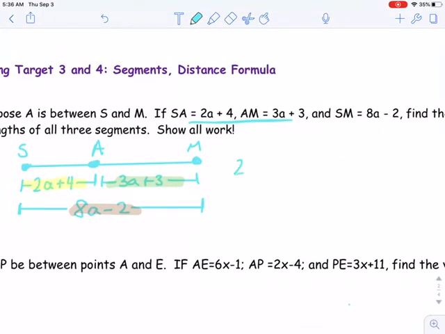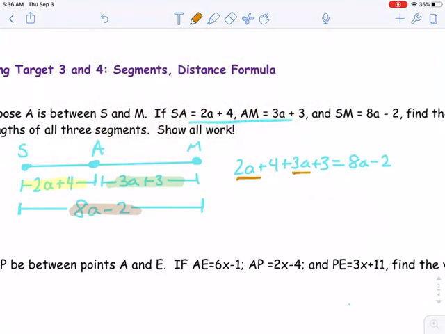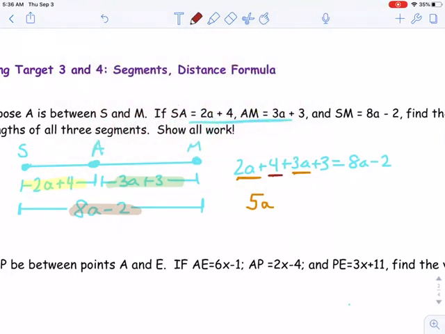Alright, so we get 2A plus 4 plus 3A plus 3 equals 8A minus 2. And once we get up here, I think that's the hard part, setting up the equation, because then we just have to combine like terms. 2A plus 3A is 5A, 4 plus 3 is 7.